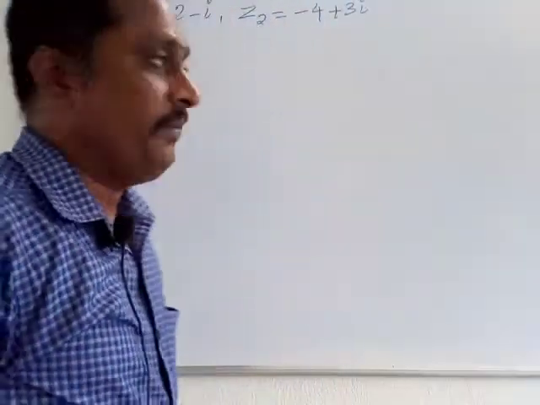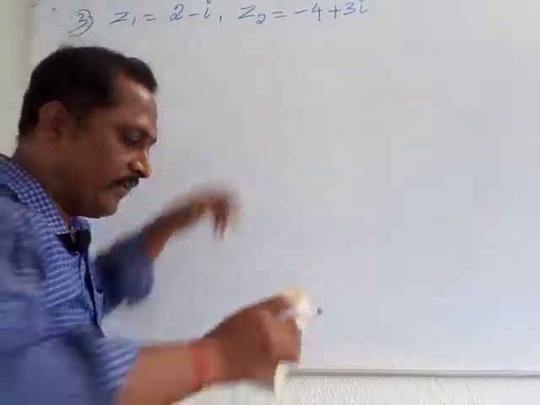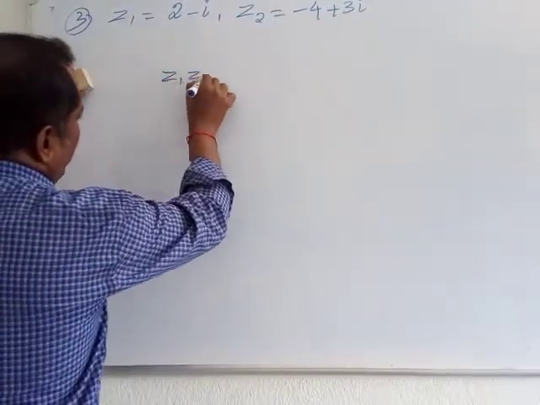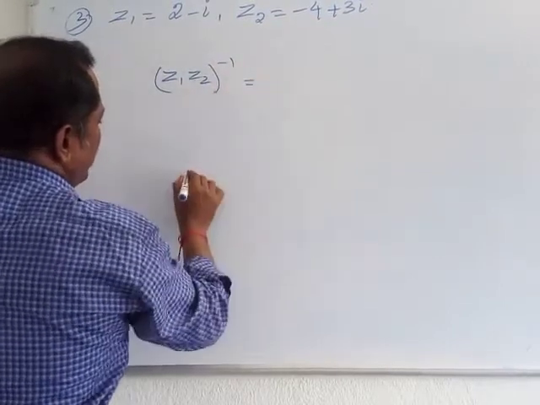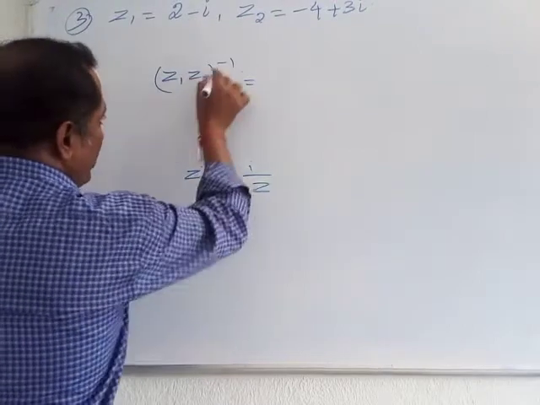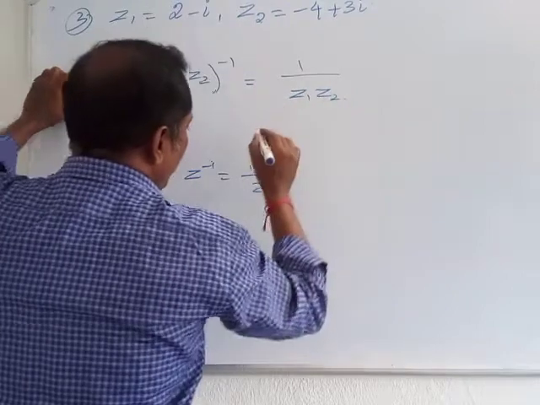Next, the third question: z1 and z2, two complex numbers are given. You have to find the inverse of z1 into z2, and the inverse of z1 divided by z2. You know the inverse, that is z inverse is equal to 1 by z. So the inverse of z1 into z2 means 1 divided by z1 into z2.